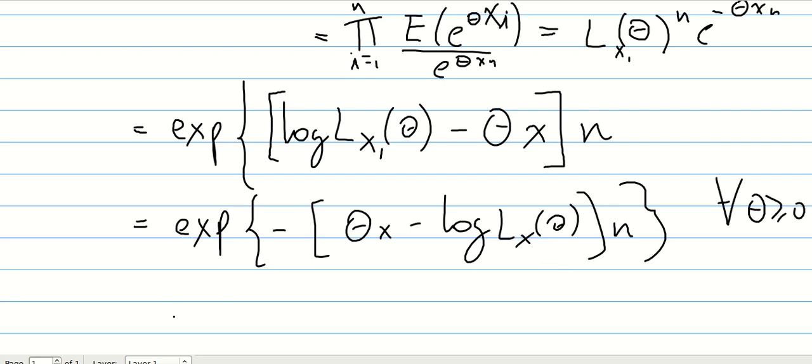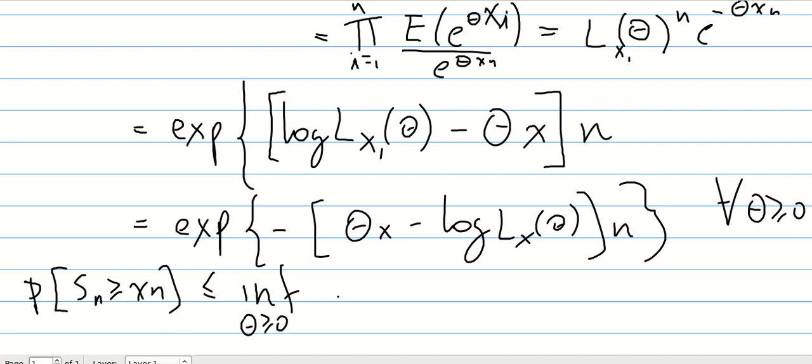In particular, we can take the probability that we're trying to estimate is smaller or equal than the infimum over all non-negative thetas of the same thing, exponential of something.